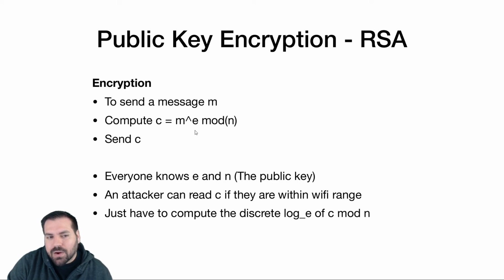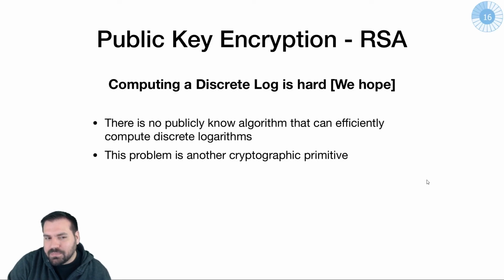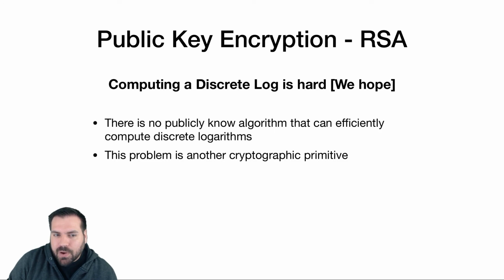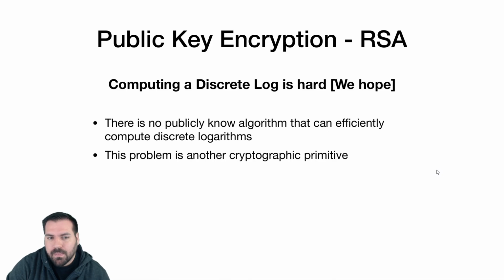But since this is a logarithm mod N, we call it a discrete logarithm. As it turns out, that's hard too. We don't know how to compute discrete logarithms either. So we're good. Both of the ways to crack RSA are cryptographic primitives. So we're happy about this, and we're calling RSA secure. We hope.